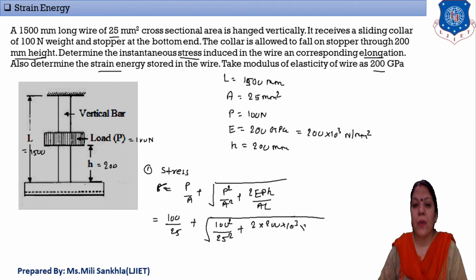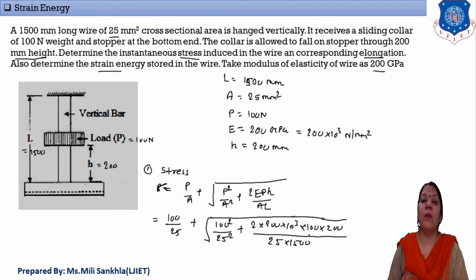Then P is given 100 and H is given 200, divided by area 25 and length 1500. Now simply we solve.